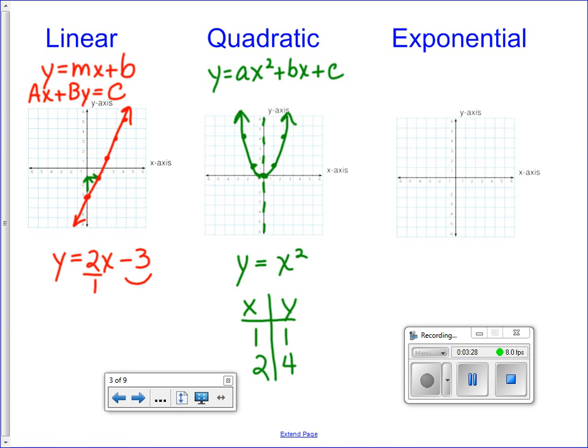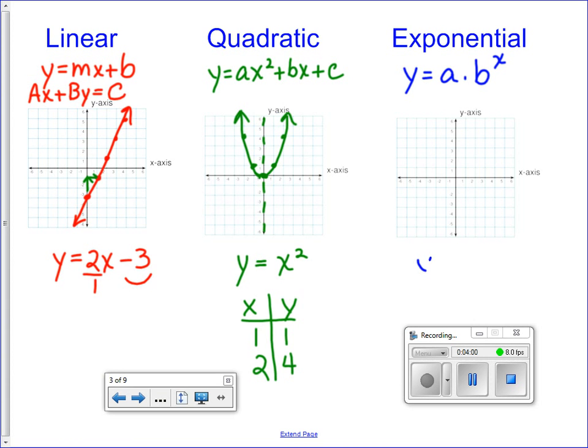All right, and then an exponential function is one that is of the form y equals a times b to the power of x. And this is one that can quickly grow off your graph. It can be either a decay model where it is decreasing exponentially, or it can be a growth model where it is increasing exponentially.